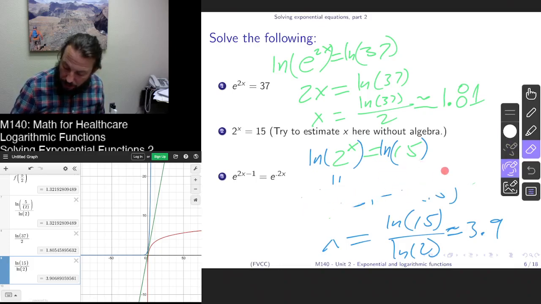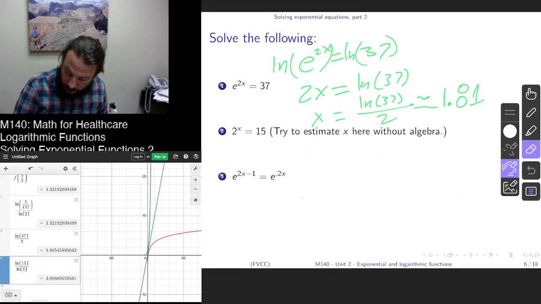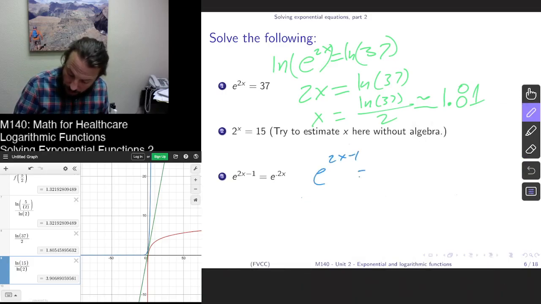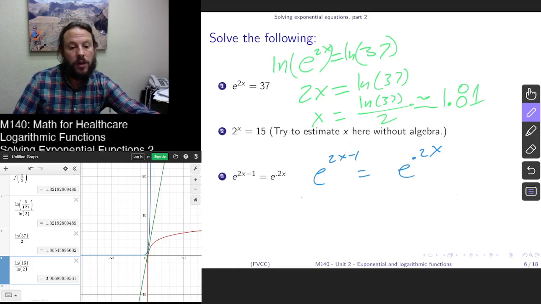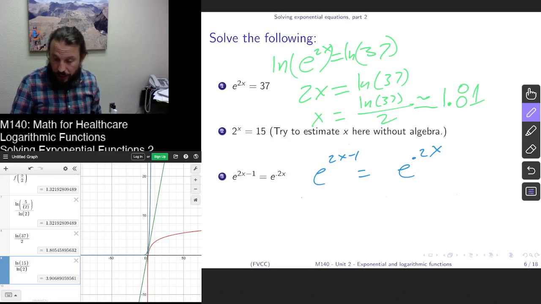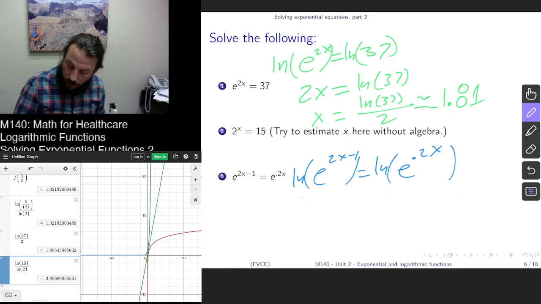Now, the last equation here: e to the 2x minus 1 equals e to the 0.2x. How are we going to solve that? We've got to get the variable out of the exponents, so we take the natural log of both sides, and they cancel each other out in a sense.